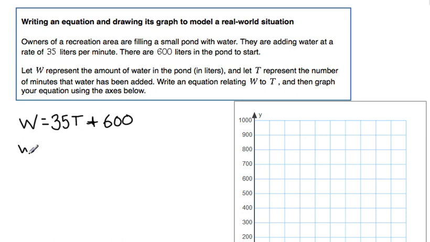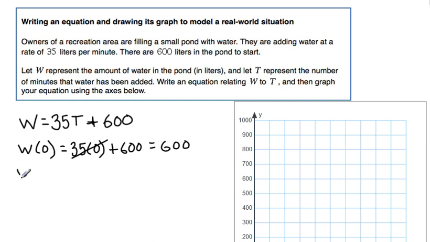So let's come up with first, of course, the amount of water in the pond at time 0. And we already know what this should be because we started with 600, so let's see if that makes sense. So let's do 35 times 0 plus 600. And of course, 35 times 0 becomes 0. So our first value is 600.